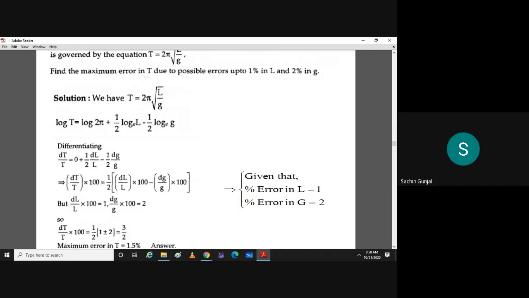We want the maximum error, that means when dG is negative, this will become 1 plus 2, so 3. So 3 by 2, that is 1.5% will be the maximum error.